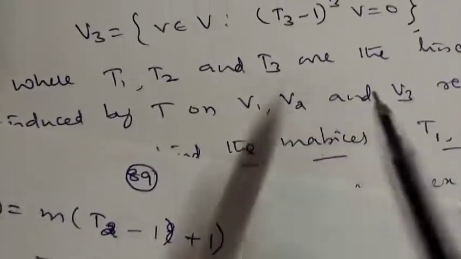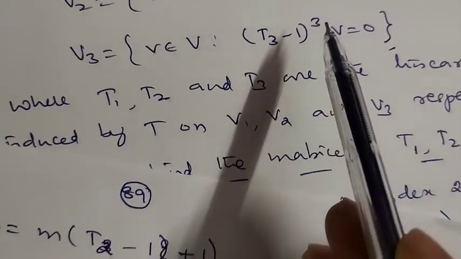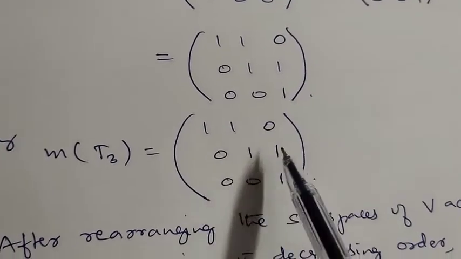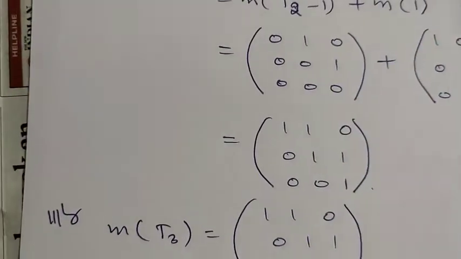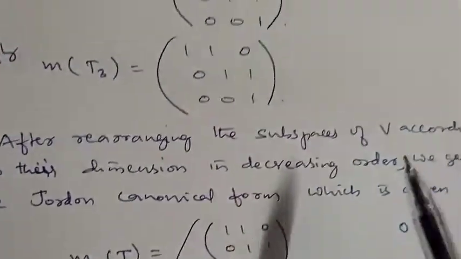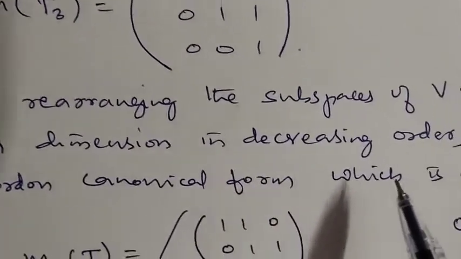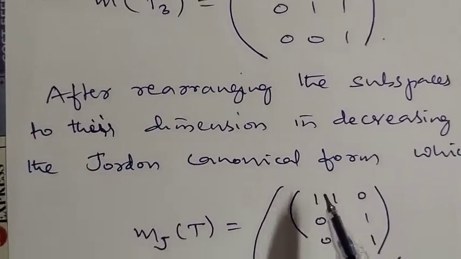Similarly, T3 minus 1 is also nilpotent of index 3, so it is the same as the matrix of T2, and the matrix of T3 I write in the same way. Now, after rearranging the subspaces of V according to their dimension in decreasing order, we get a Jordan canonical form.